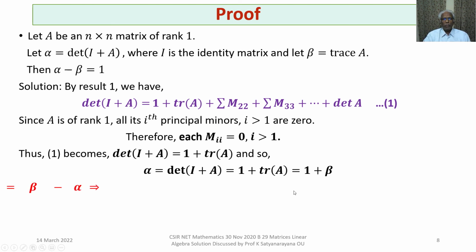Now this implies alpha minus beta is equal to 1, hence the result. Thus we have proved the general result in a general setup, and that is the proof of that result.